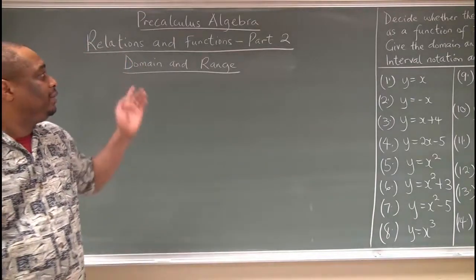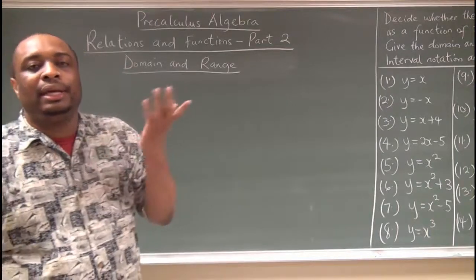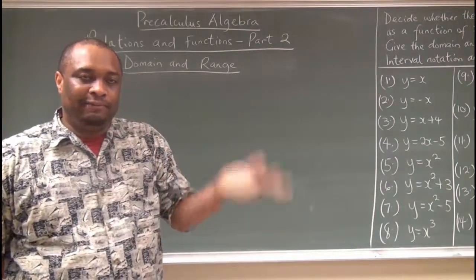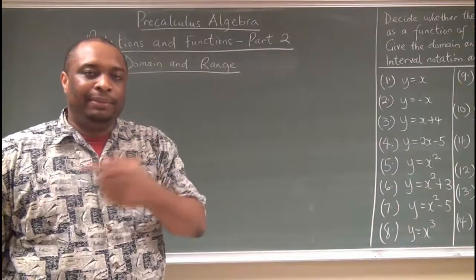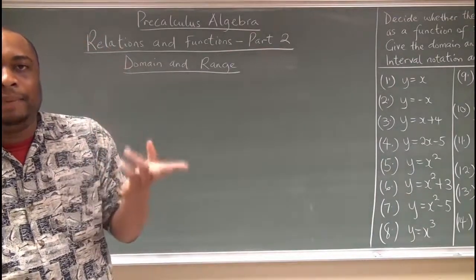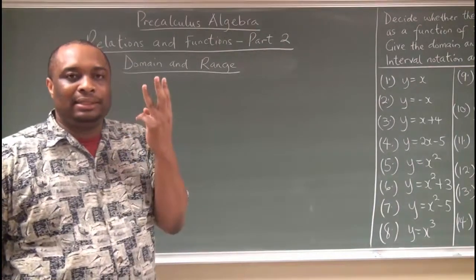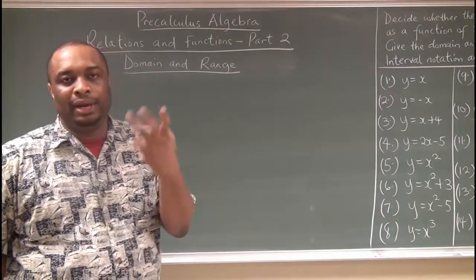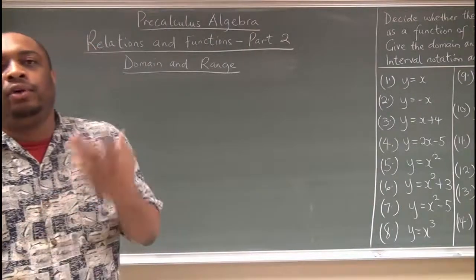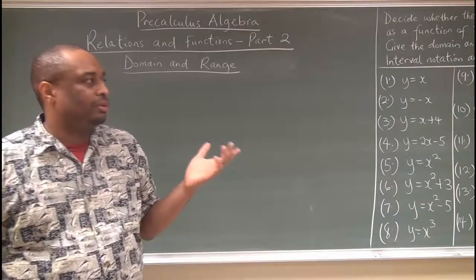Remember, in the first video, we said that relations and functions can be written in 5 ways. It can be written as an ordered pair. It can be written as a mapping or correspondence. We can represent them as a graph. We can represent them as a rule or as an equation.